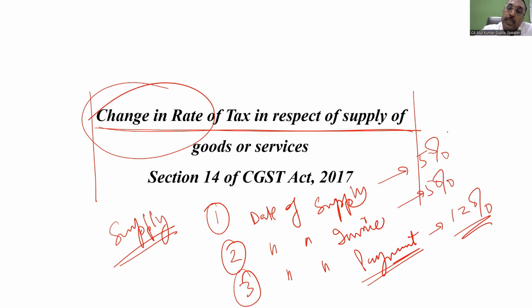Now, the question will be whether on this activity it will be 5% GST or 12%. There may be a different scenario: when you supplied the goods, it was 5%, when you raised the invoice, it was 5%, but when you actually received the payment, it was 12%. Now, what will be the rate of tax applicable?